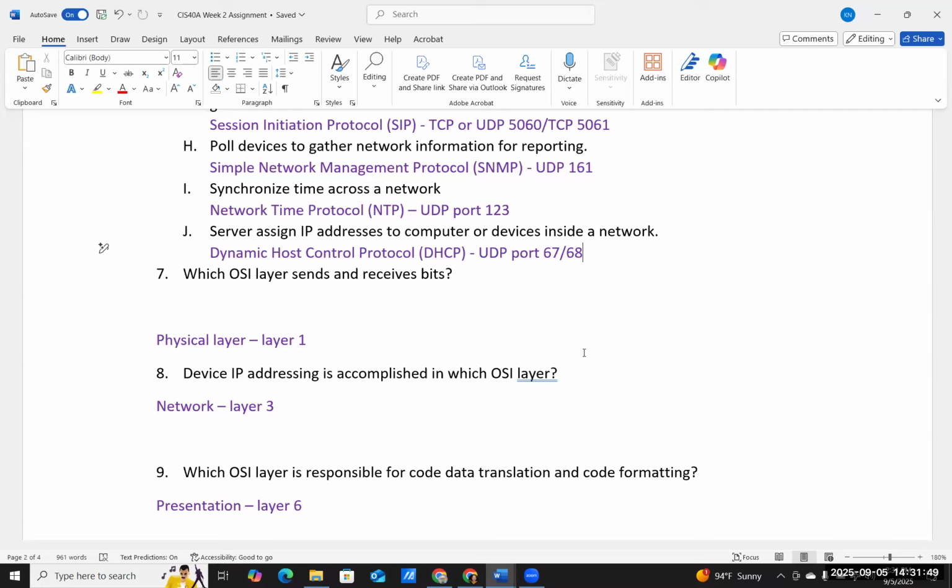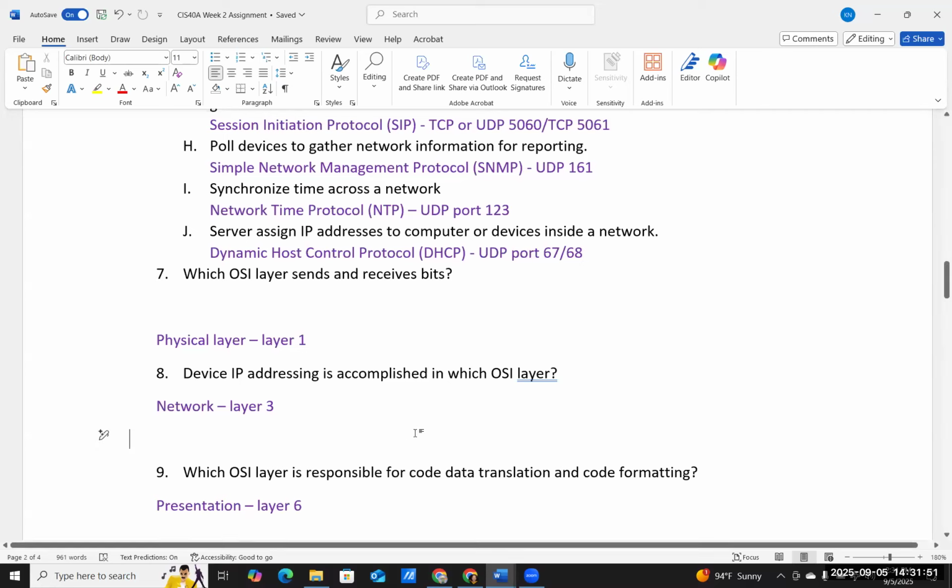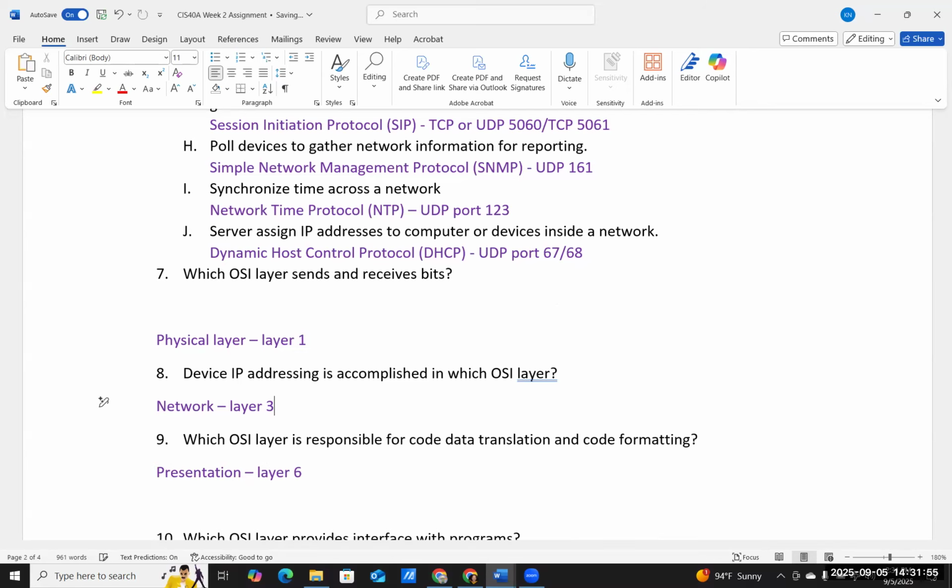Which OSI layer is responsible for code translation or code formatting? That's presentation. This is how it converts your HTML before it gives it to you at the next layer, which is application. So you can see a button, a login screen, some text. So presentation puts everything together.